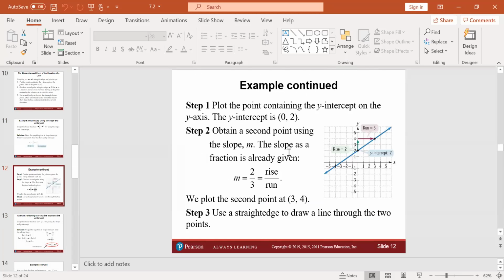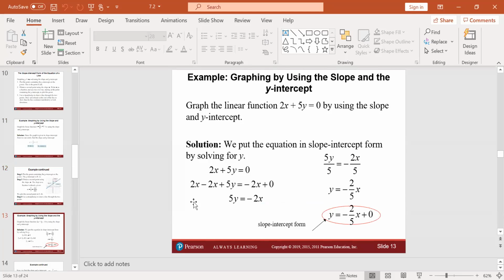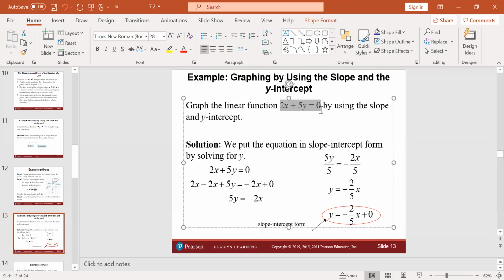So a similar idea, plot the point containing the y-intercept. So 0, 2, and so on. Nothing all that special. Over here, let's say you wanted to plot the function 2x plus 5y equals 0. Well, that's not in your y equals mx plus b form.